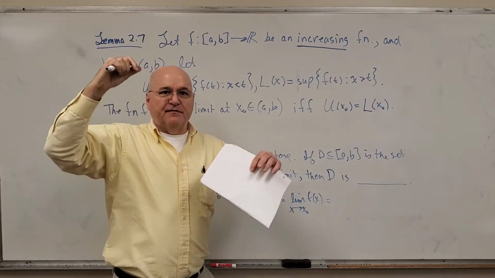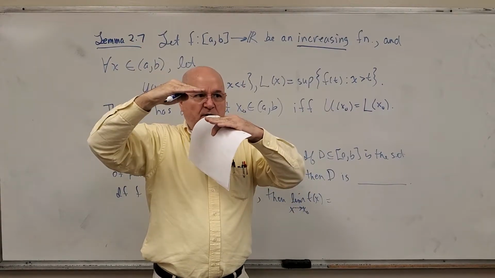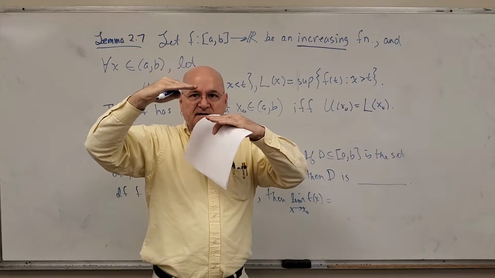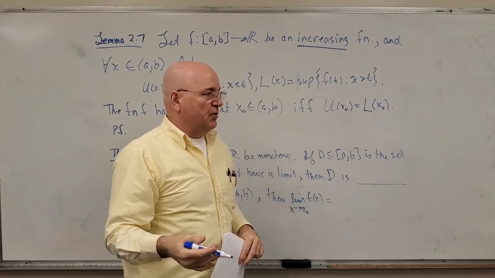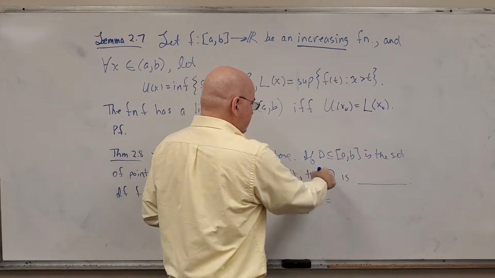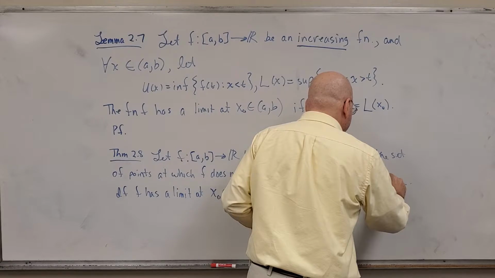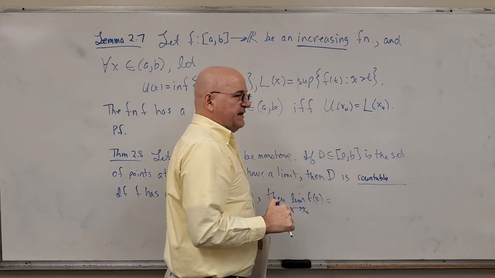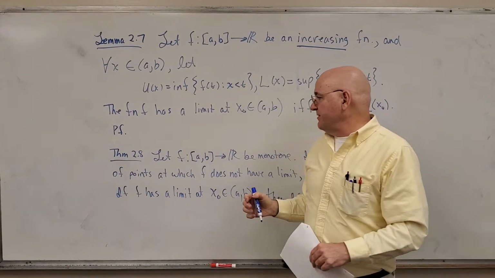Okay, so the set of points x naught, say, where U of x naught does not equal L of x naught, that's going to be a countable number of points. So that set D is countable. I remember really diving into that in a class that you would take beyond real analysis called measure theory.